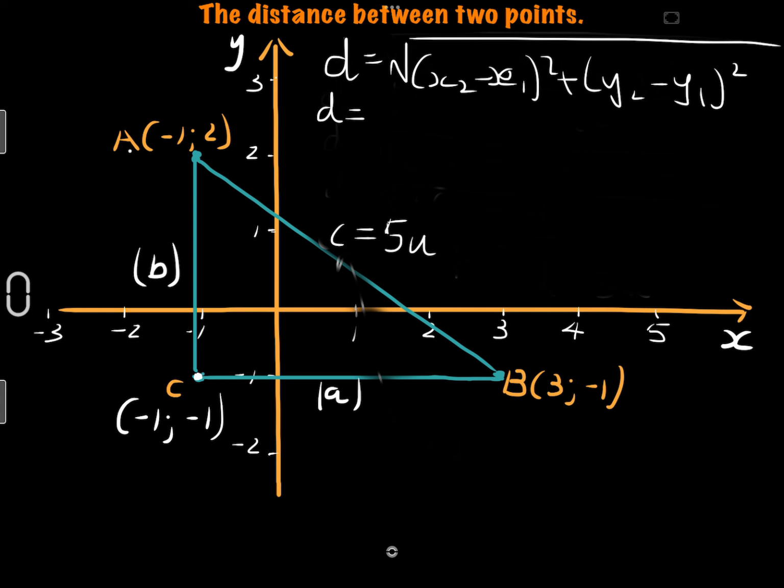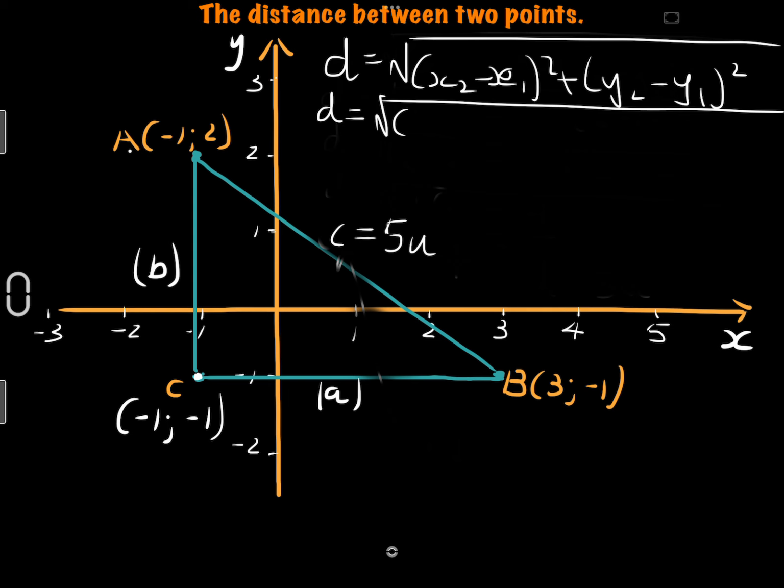The distance is equal to the square root of that. We can either find the distance from A to C or from C to B, either way. So we can just go ahead and find from B to C then.